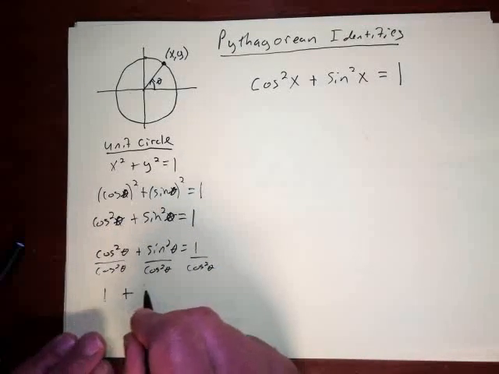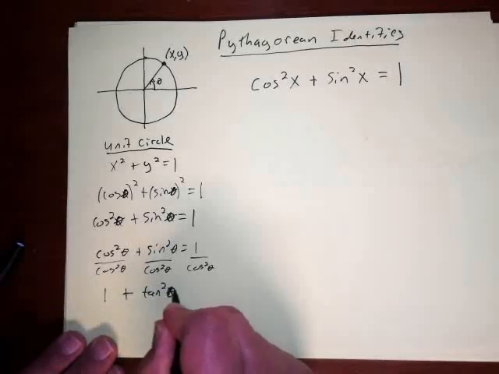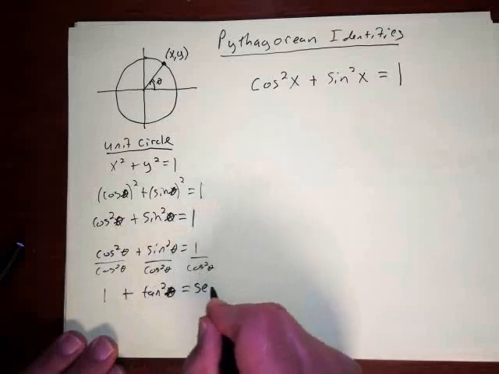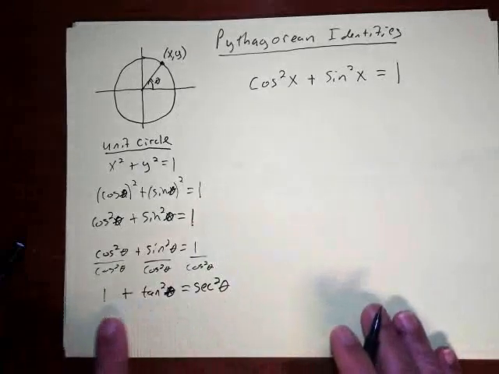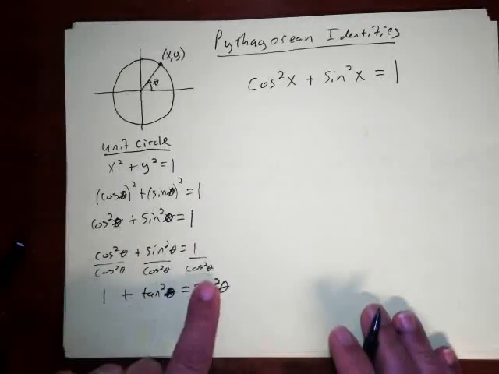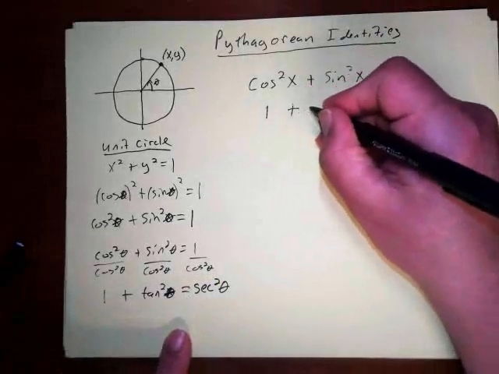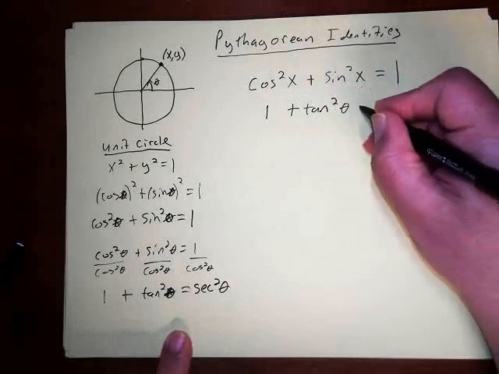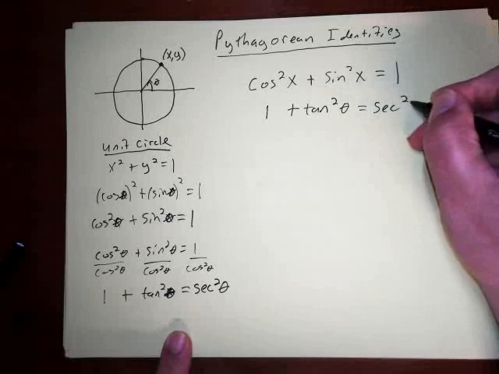This is tangent squared theta, and this is the secant squared theta. Okay, and so basically multiplying through by cosine gives you this identity: 1 plus tangent squared theta is equal to secant squared theta.